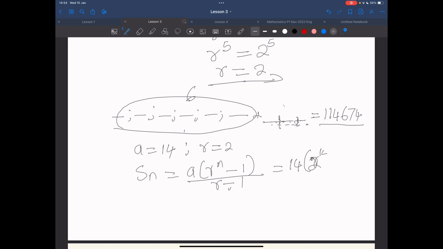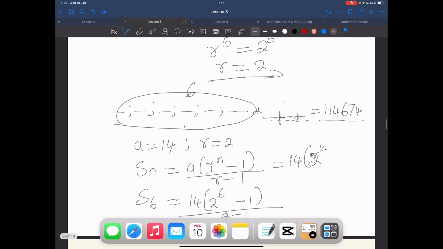Excuse me, we are adding sum 6. So sum 6 will be A, which is 14, into R to the power 6 minus 1. Remember, R is 2, so it's 2 to the power 6, minus 1, all over 2 minus 1.